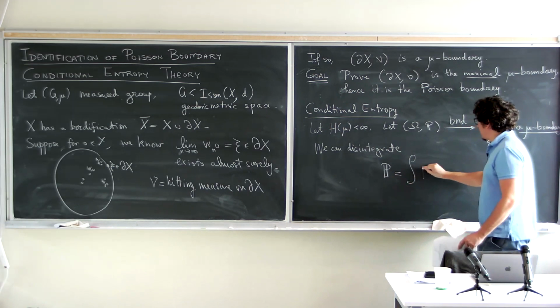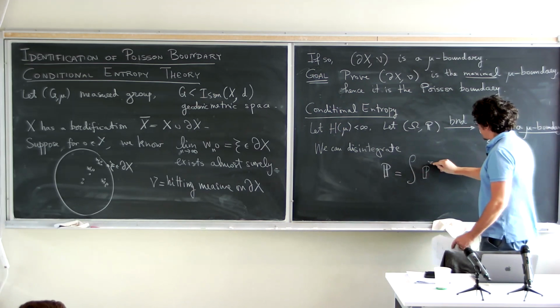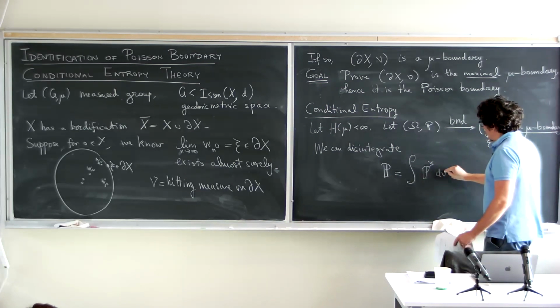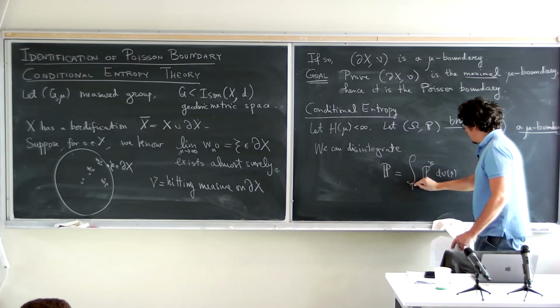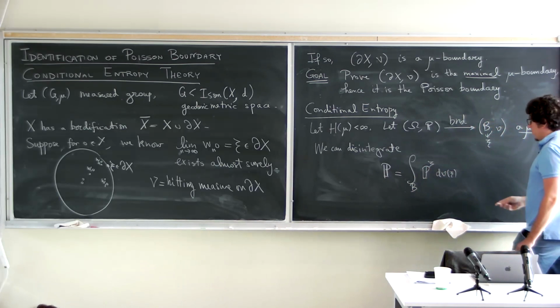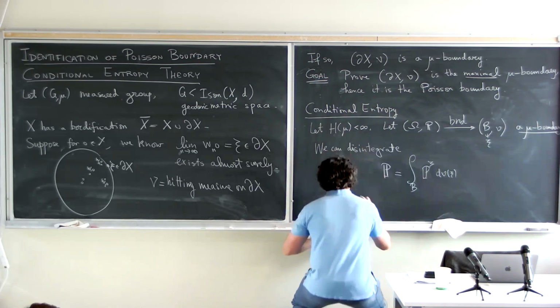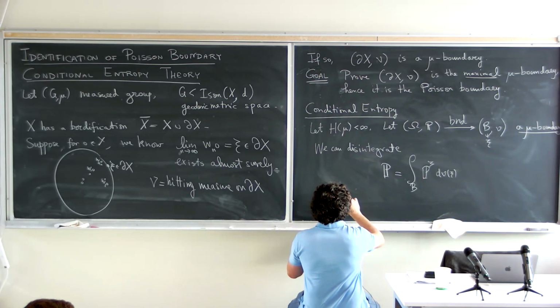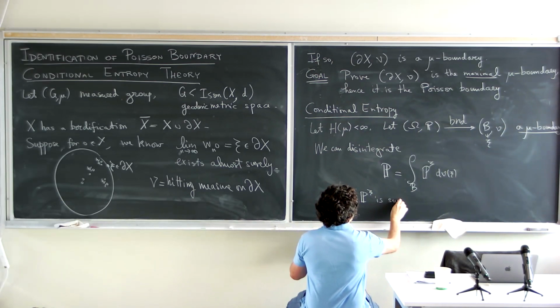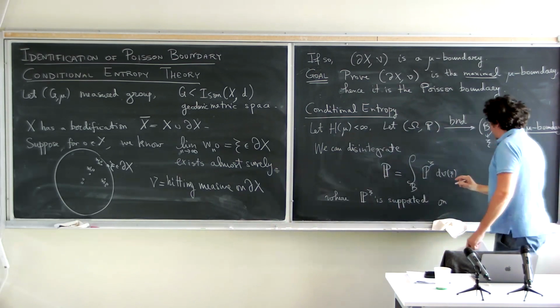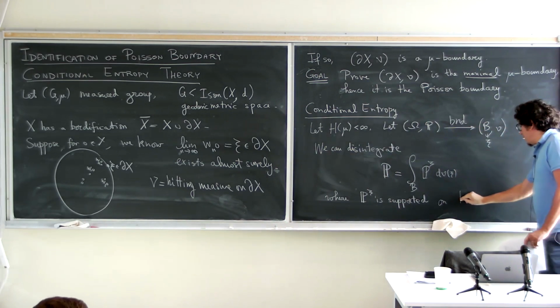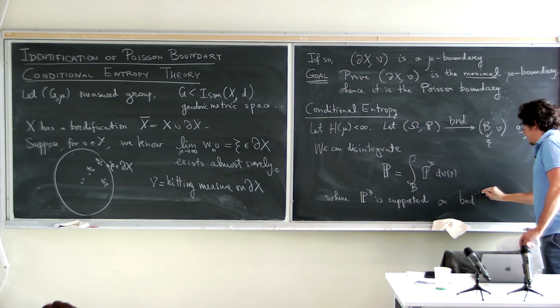This measure is the integral of conditional measures. Let's call them P psi, d nu of psi, over B, where P psi is supported on the preimage, boundary inverse of psi.